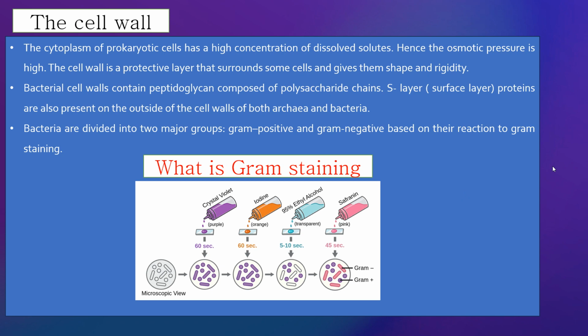It also gives shape and rigidity. Bacterial cell walls contain peptidoglycan composed of polysaccharide chains. There is also the S layer, the surface layer, which is paracrystalline in structure. Proteins are also present on the outside of the cell walls of both archaea and bacteria, that is the S layer proteins.